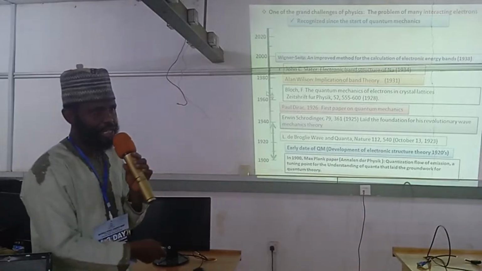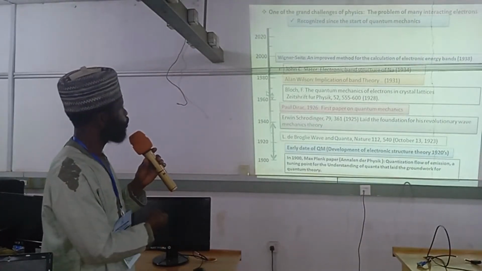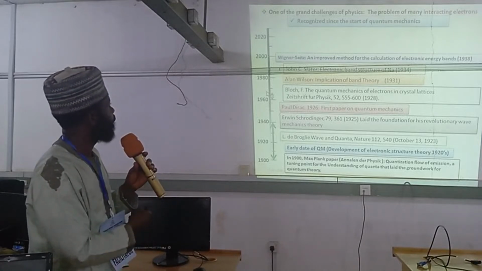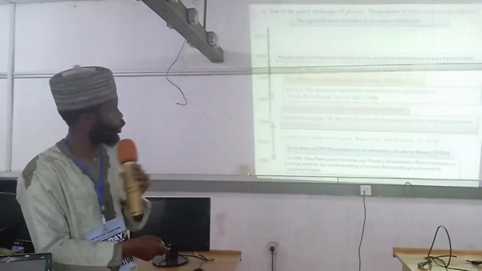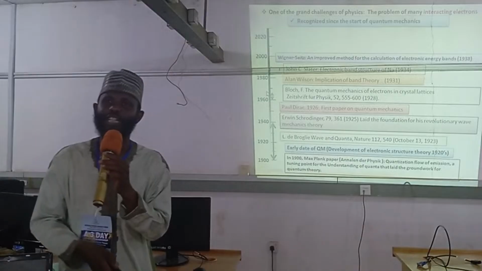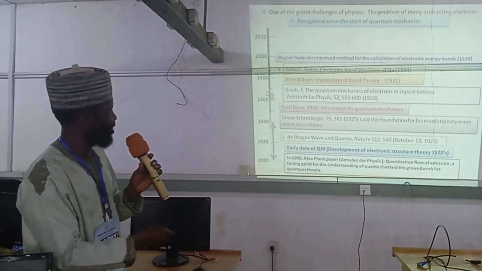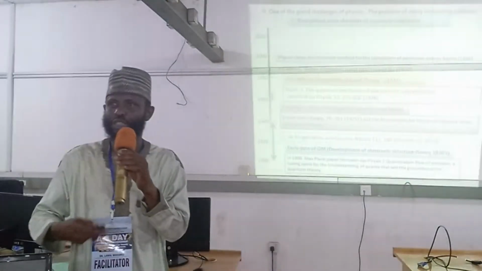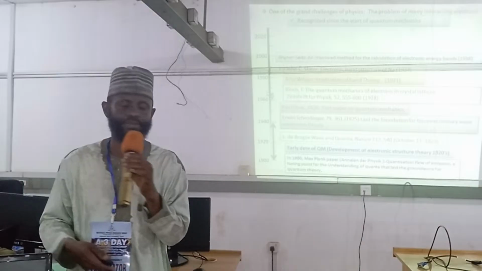Then in 1926, a full paper on quantum mechanics by Paul Dirac. Then later on, in 1928, Felix Bloch published his paper, The Quantum Mechanics of Electrons in Crystals. So later on, there were so many improvements on trying to understand the behavior of atomic particles.